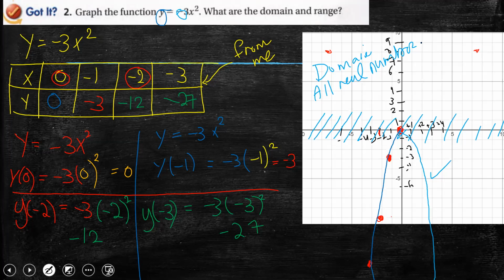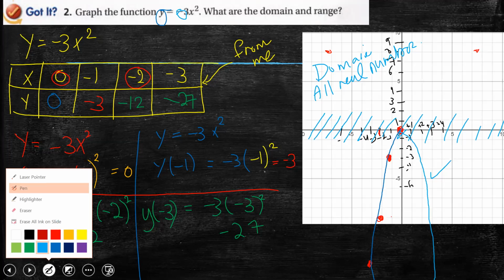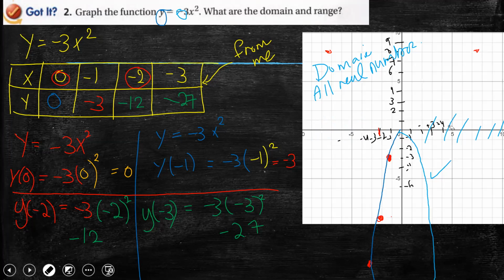How can we find the range? To find the range here, look at my graph. Where's the graph? It is here. Now look at the points of the y-axis, not the x-axis, the y-axis. Look at them here. Is it 0, -3, -6, and so on?